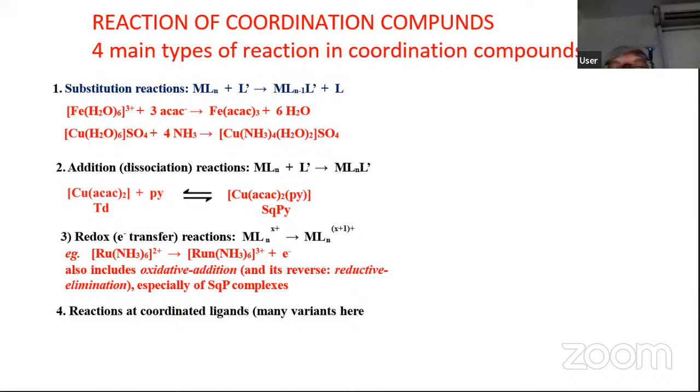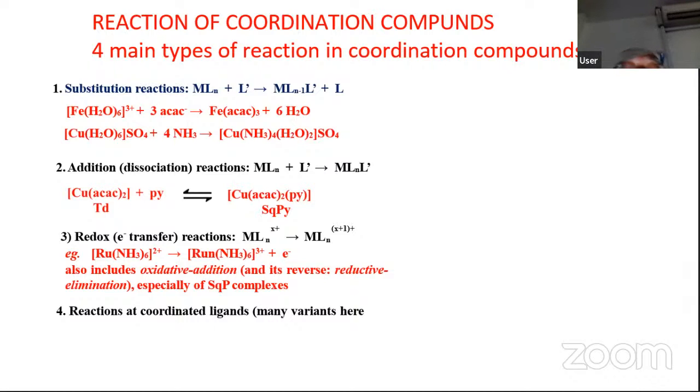The sulfate is the counter anion. So from the reaction, you can tell what happened in the reaction, and you can describe the reaction. This substitution, sulfate remains counter anion, and your ammonia replaces the water molecule. Okay, that is substitution reaction.